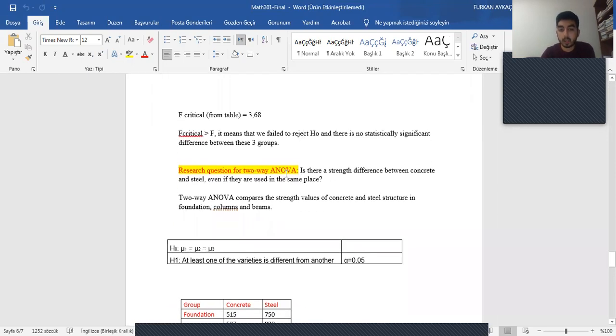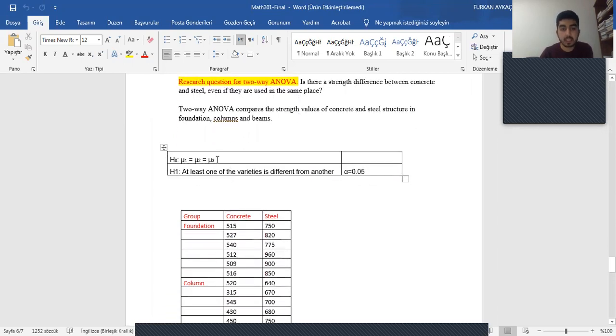In two-way ANOVA, my research question: is there a strength difference between concrete and steel even if they are used in the same place? Now I have two parameters, concrete and steel, in the same place. Again, my null hypothesis, they are the same.